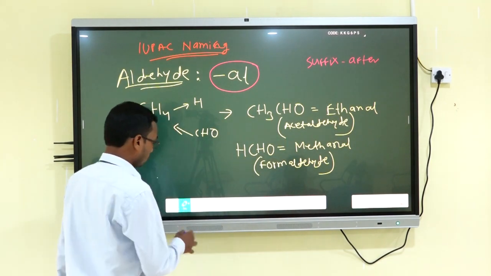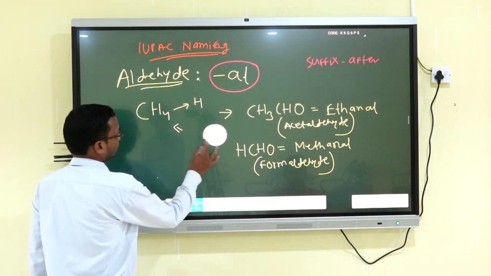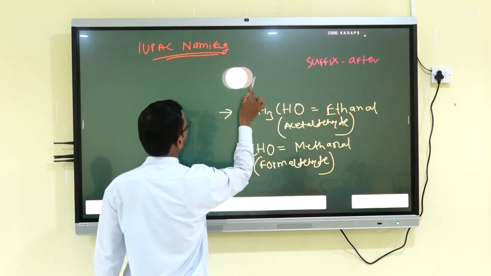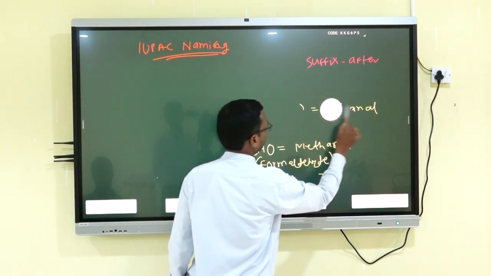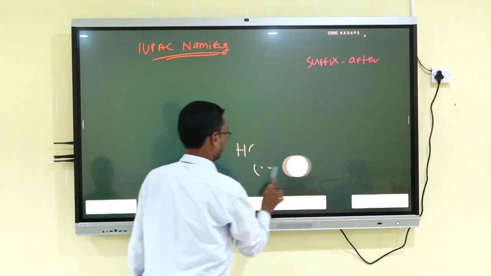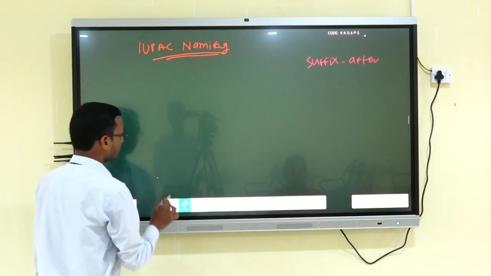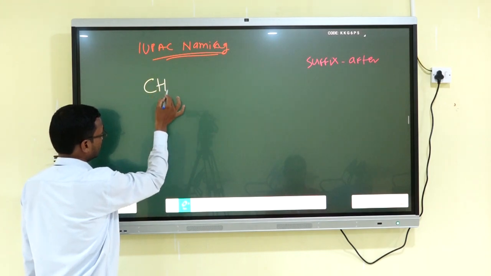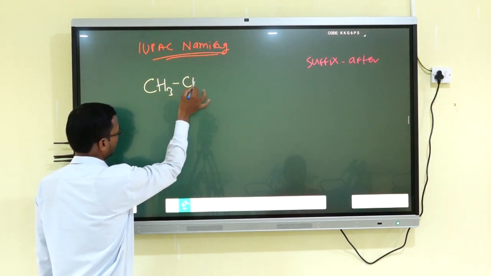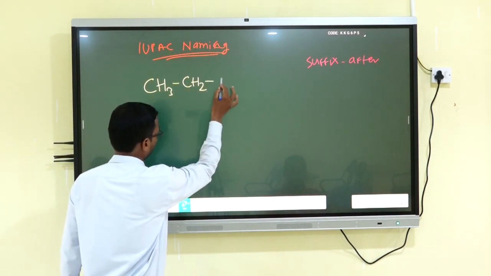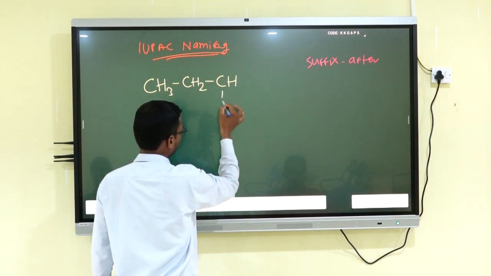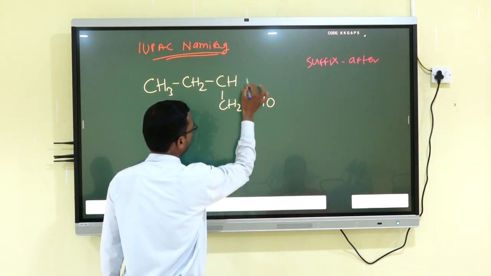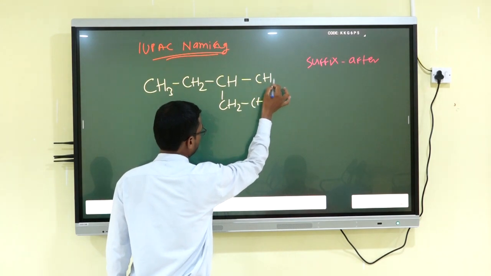Now come to some advanced naming, like CH3, CH2, CH, CH2, CHO, CH3.